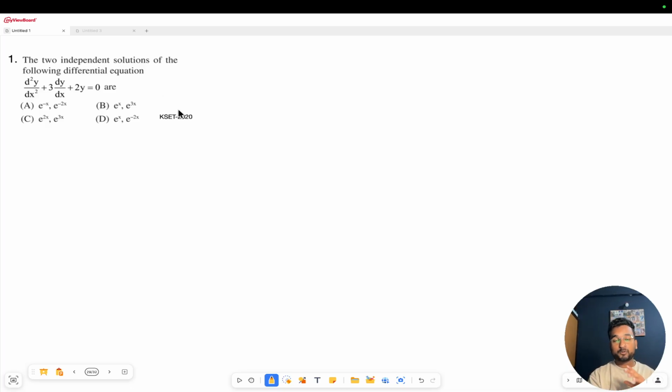Okay, so there are two methods. One is by which most of the people will do, and one is a trick. So for a second order differential equation, there will be two solutions. To check whether the solutions are linearly independent or dependent, we write a Wronskian. Wronskian is a determinant.